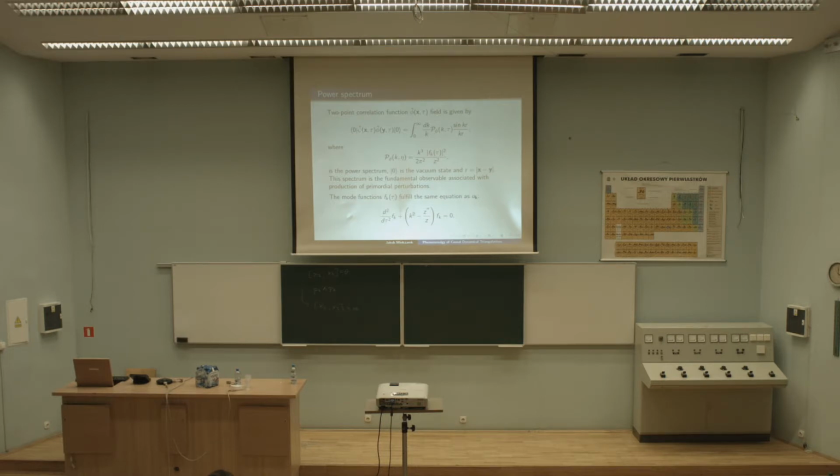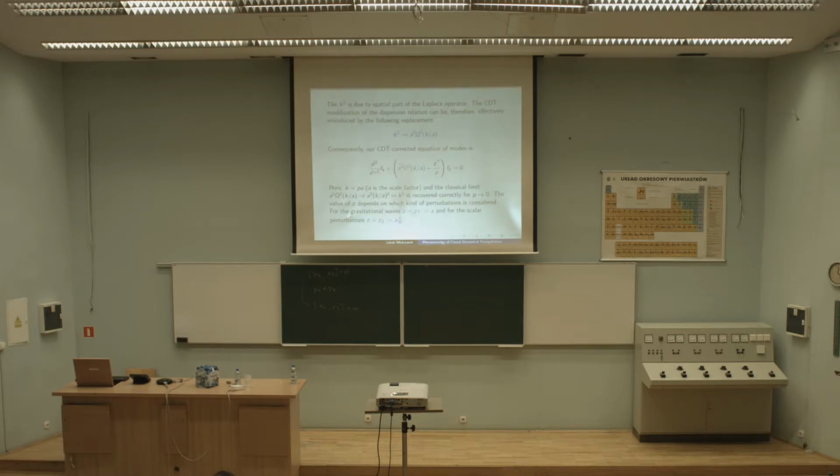And instead of the two-point correlation function, the vacuum expectation value of this product in the vacuum state, we can study the power spectra. And yes, we have the mode function there. z depends on the form of the perturbations that we consider. And then we have the equation of motion for f, where there is k squared, which comes from the Laplace operator.